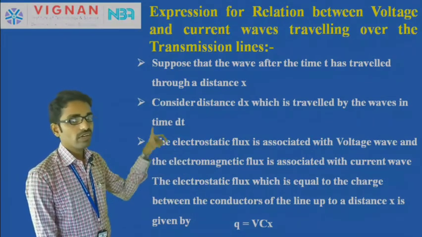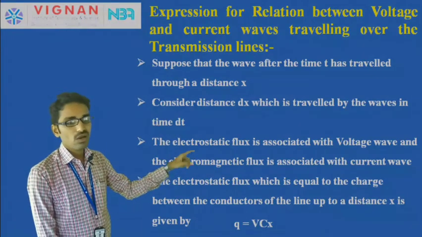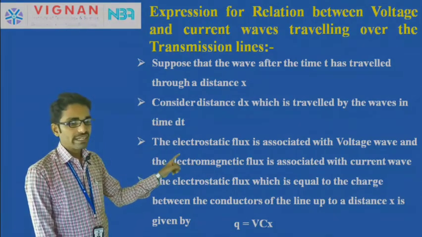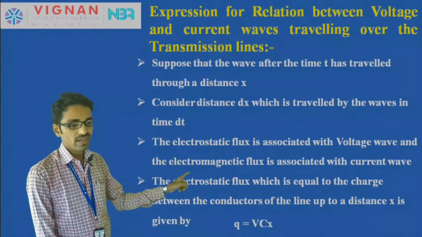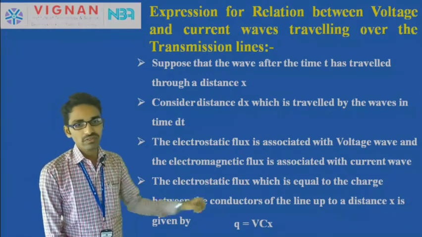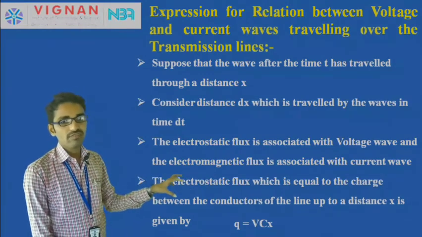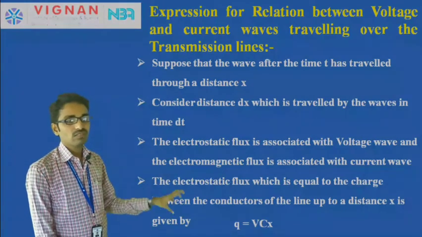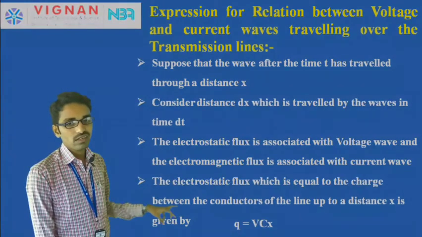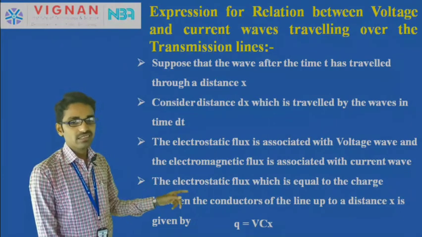In the same way, electromagnetic flux is associated with the current wave. The electrostatic flux equals the charge between the two conductors of the line up to a distance x.